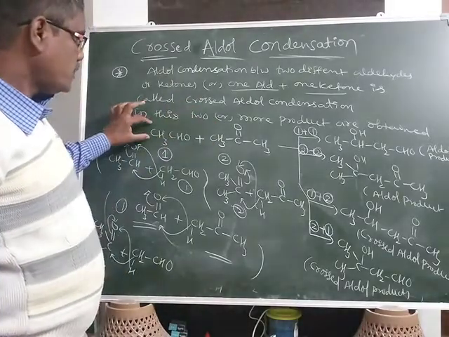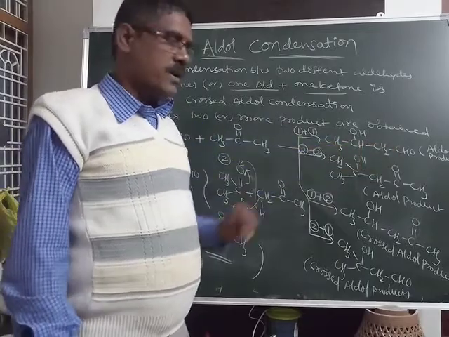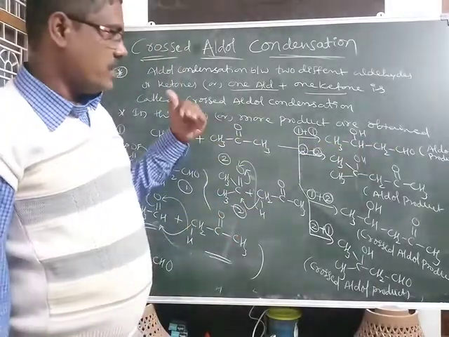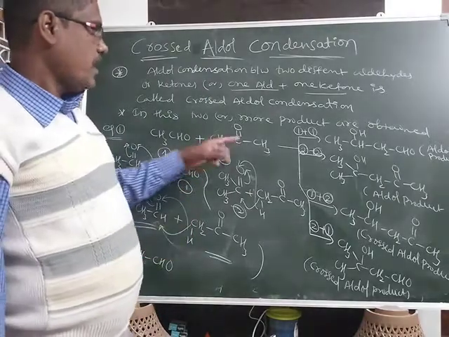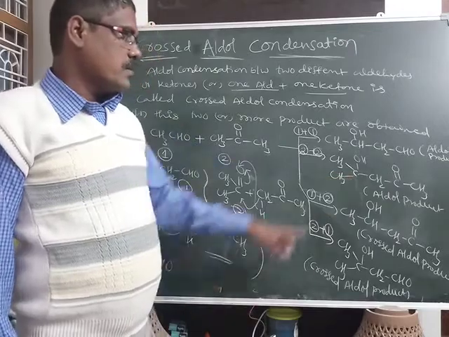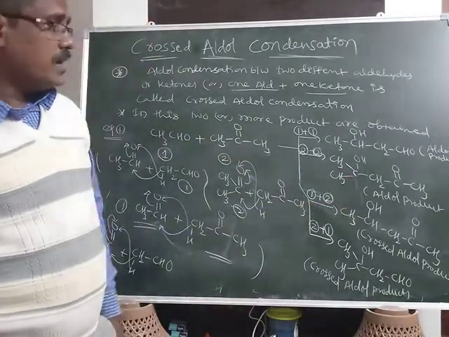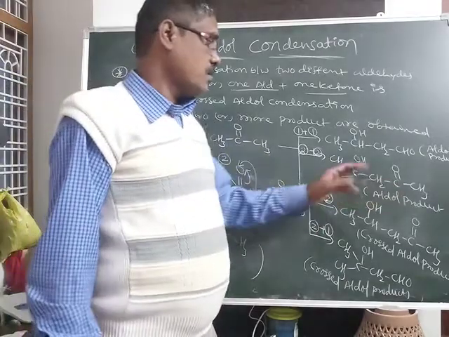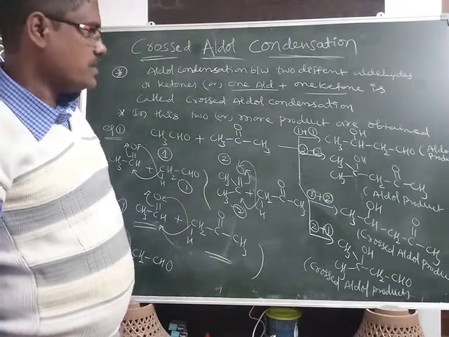The addition of acetaldehyde to acetaldehyde will give this one, beta hydroxy butyraldehyde; we already learned this in the previous video. Acetone plus acetone will give beta hydroxy methyl 2-butanone, which is also an aldol product.